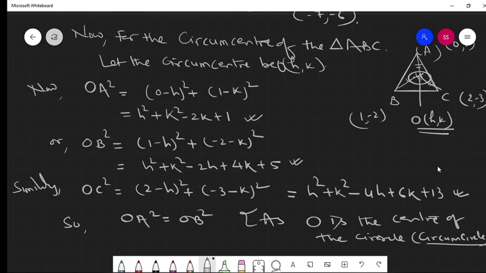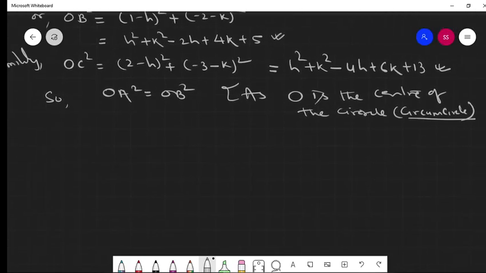All are ready. Now what will you get? What is the result? That is important. What is OA square?